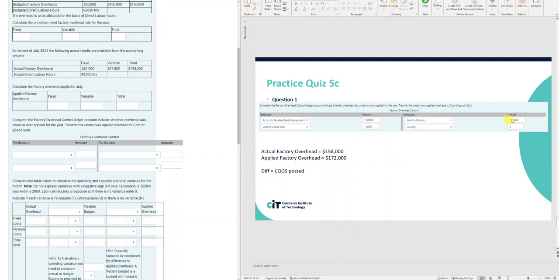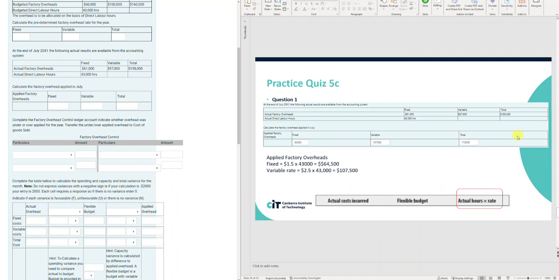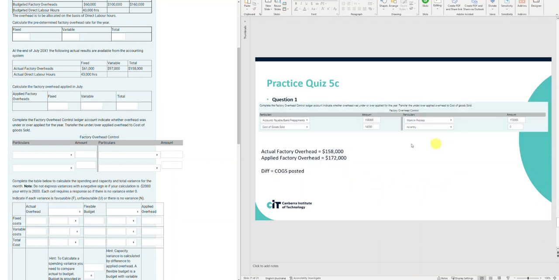Your applied work in progress is 172, which is calculated in this question here, and therefore your cost of goods sold will be the balancing item of the two, which is $14,000. So this question is just a collation of what the information is already provided and you've calculated.